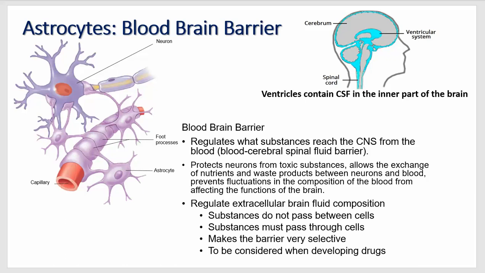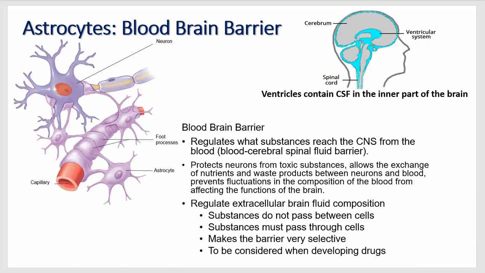So the brain has its own fluid, the cerebral spinal fluid. There's a lot of vascularization in the brain, but for fluid and proteins to move out of the blood vessels and bathe the cells in the brain, they have to go through this check.